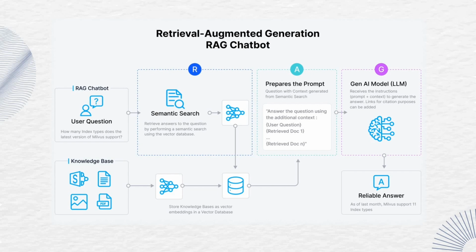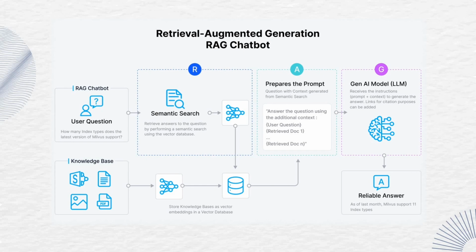Now the question can be anything. The question can be what are the benefits of renewable energy as well. So whatever may be the question, when it is passed to the chatbot in the backend, firstly the retrieval phase begins. The first box here shows the retrieval phase.